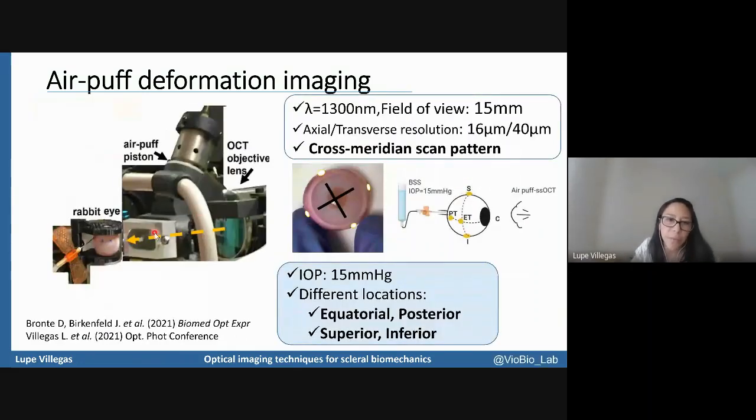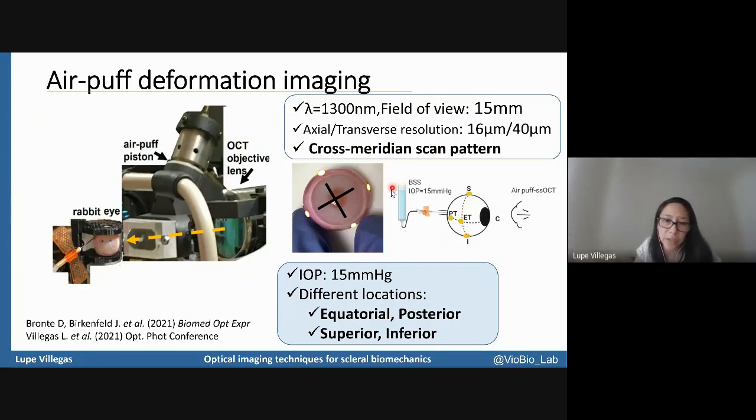Specifically, we use a Schwarzschild OCT that acquires different images while we deliver an air puff in a specific zone of the sclera. So we are using a cross-meridian scan pattern.